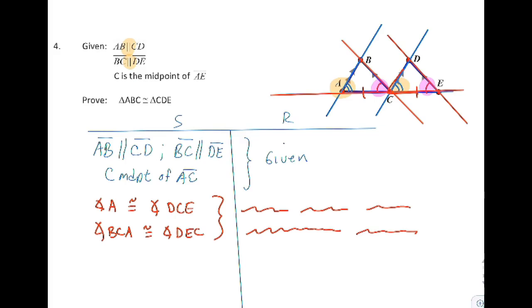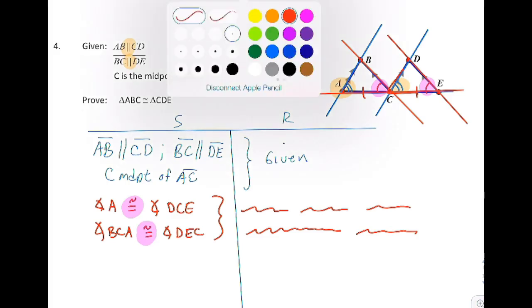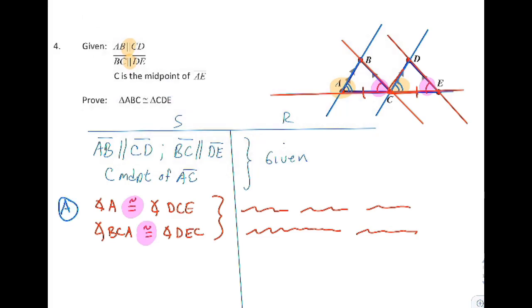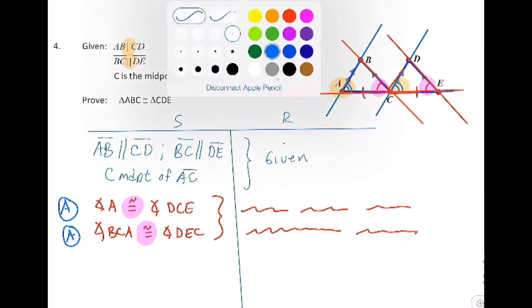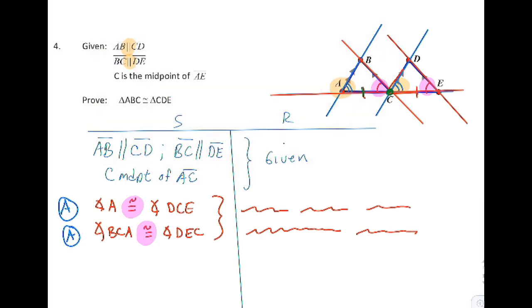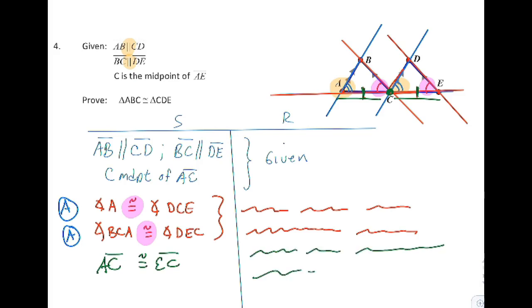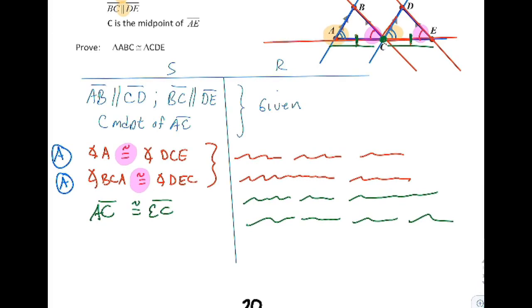Instead of saying alternate interior this time, you say corresponding because it's like this rather than that. That gives me 2 angles that are congruent. And C being the midpoint, that means that AC and CE, or I'll say EC, are congruent, because a midpoint divides a segment into 2 congruent segments. And that is my third congruency.